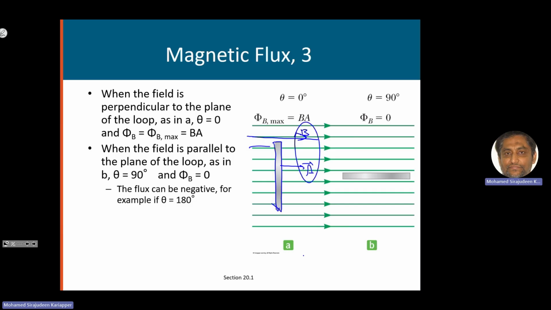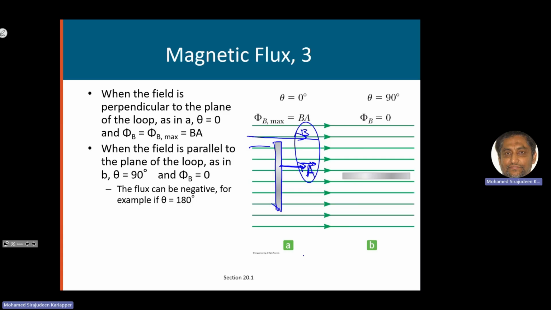When you keep it like this, it will be 0. No. The direction is perpendicular, because the area is this. I'm asking you the angle between the vector A, which is the area vector, and the magnetic field vector. They are in the same direction. That means the angle is 0.